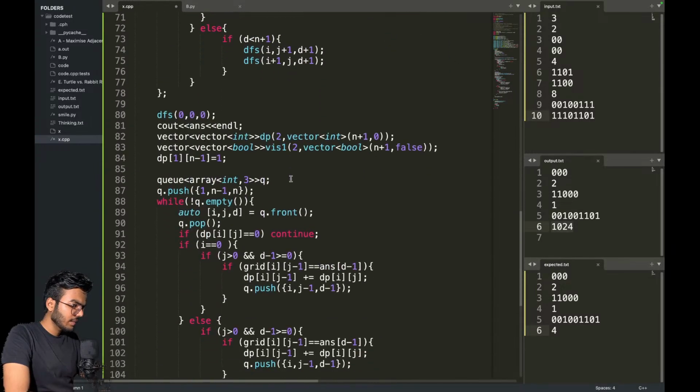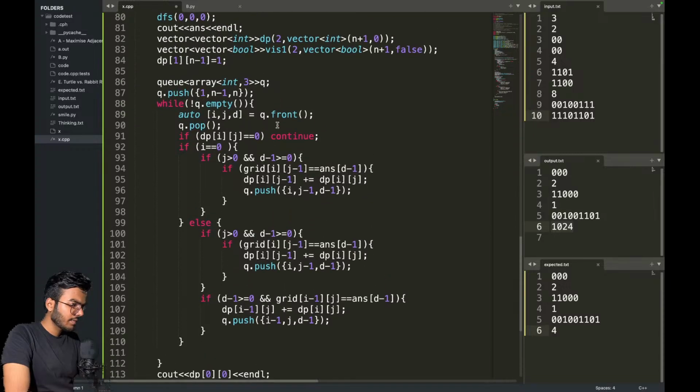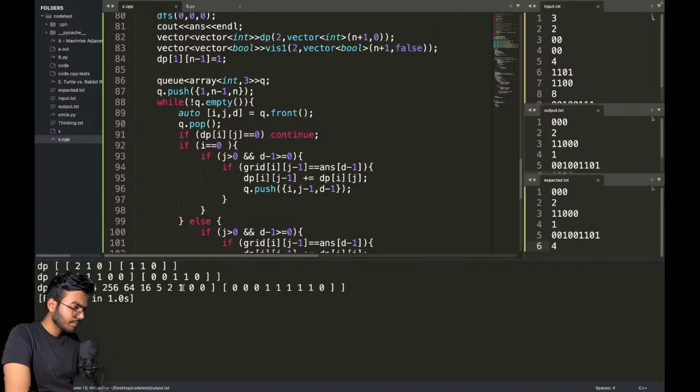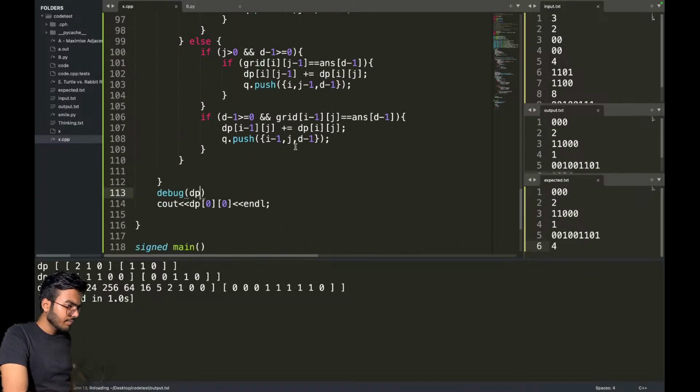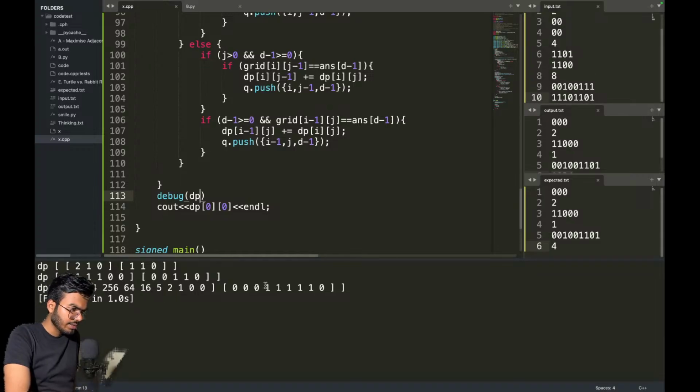Let me try to debug this. So debug, and once this is done, let's try to debug the dp array itself. Debug dp. Yeah. So for the last test case, the array is like this.